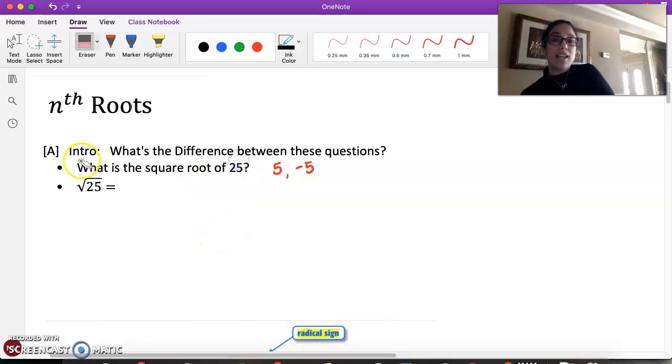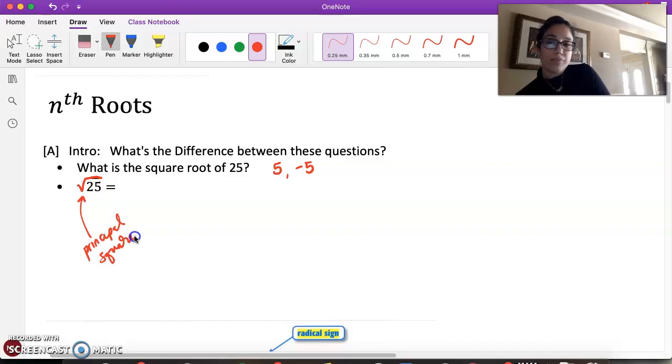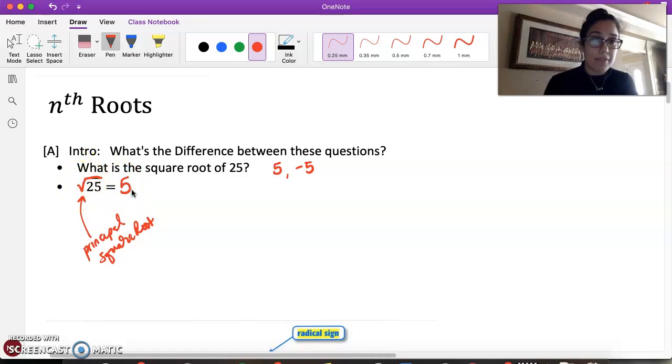However, when we say the square root of 25 with the radical, this is called the principal square root. Therefore, if you put this into a calculator, you would get just 5. So it's important that when you say just the radical, it is just the positive square root of 25, which is 5.